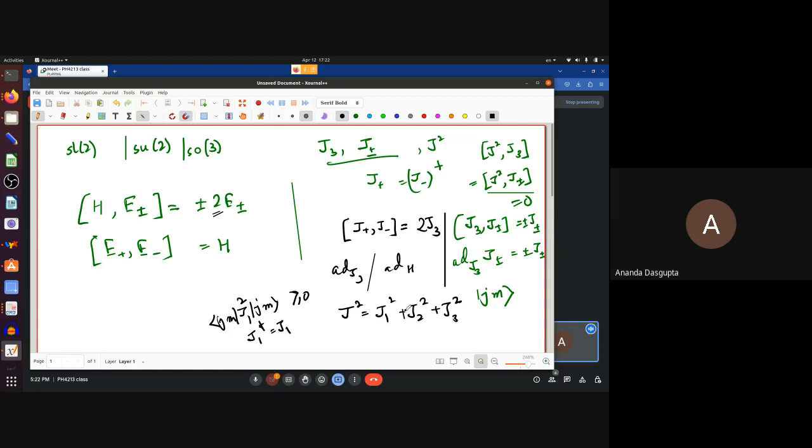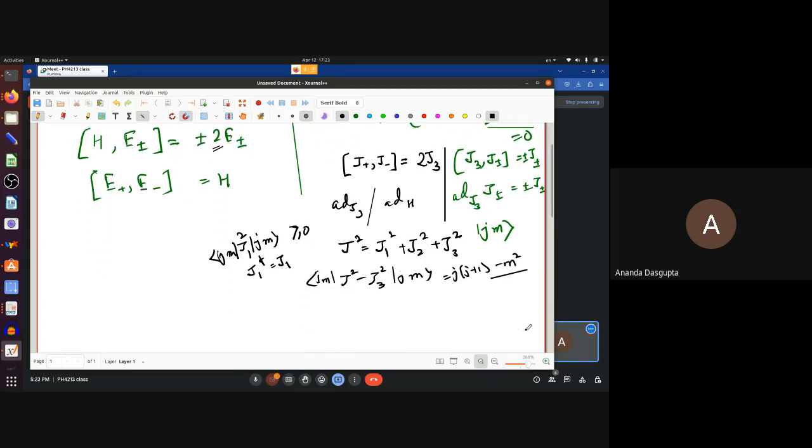And in fact, what you are saying here is, if you take J square minus J3 square and take the expectation value of that in |J, m>, then of course it is J into J plus 1 minus M square, right? And if M could be arbitrarily large for a certain J, then of course this could end up being negative.